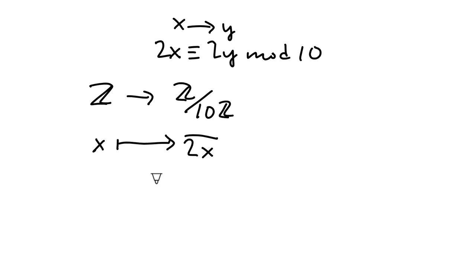If we call this function f, this is the statement that both x and y are mapping to the exact same place in f. So this is like f of x is equal to f of y.